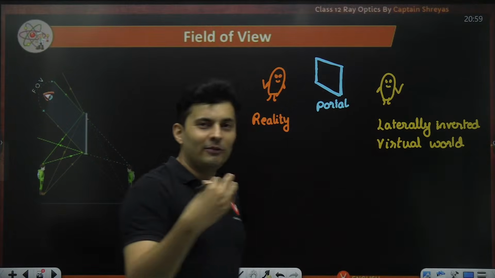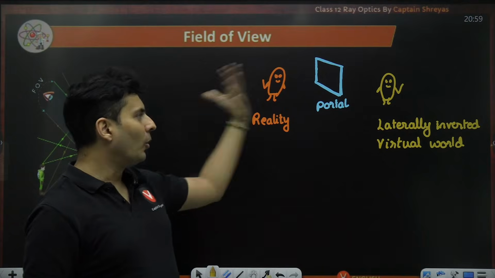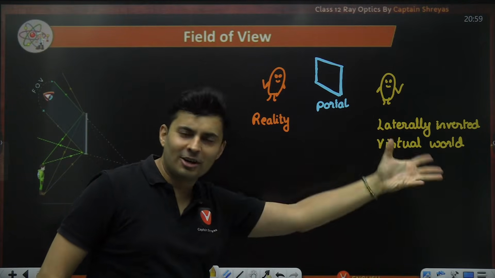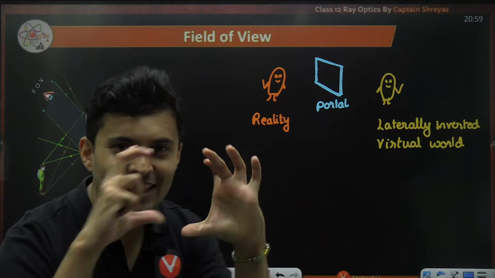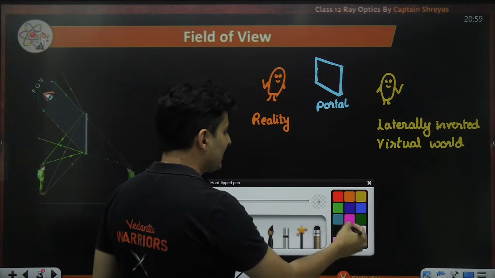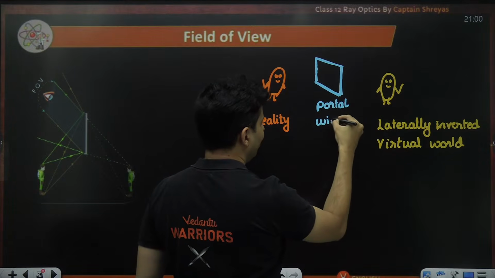So think of a mirror as a magical portal which opens up to a virtual world which is laterally inverted. And that is like a window.